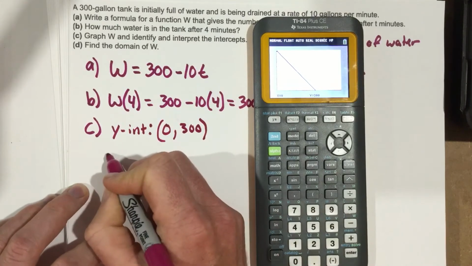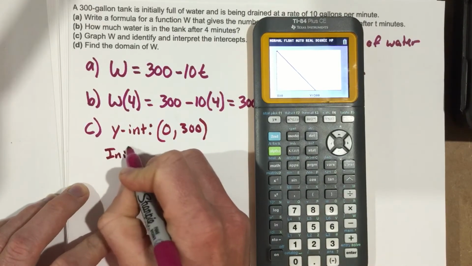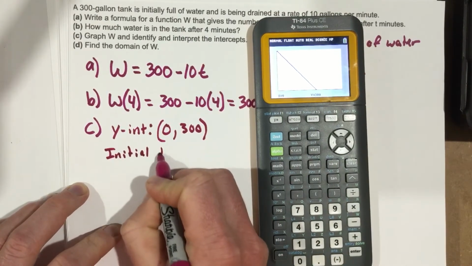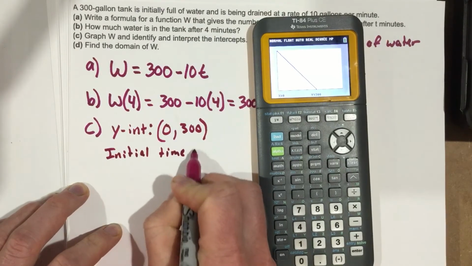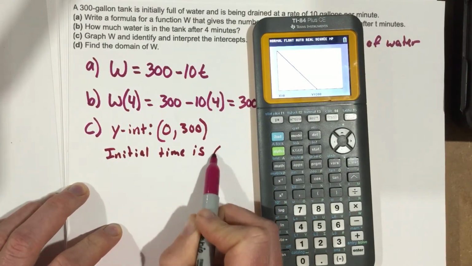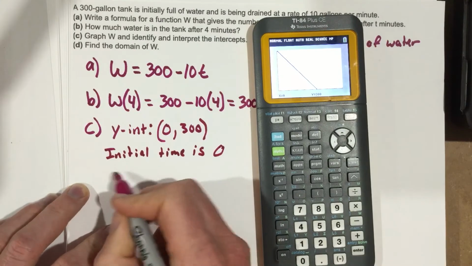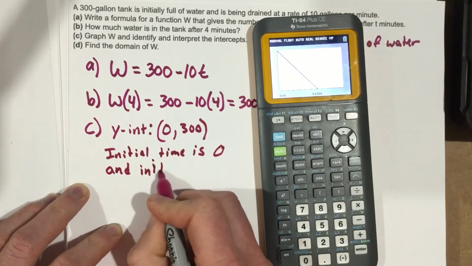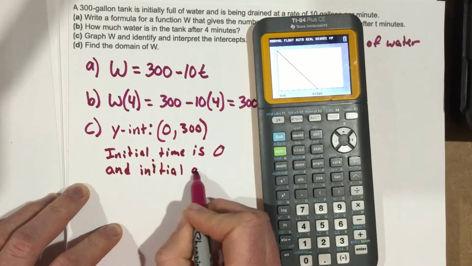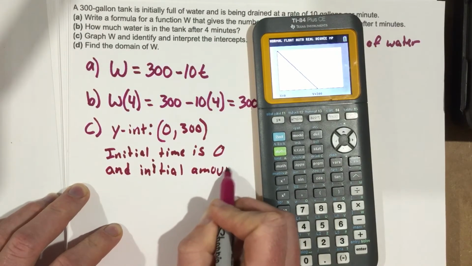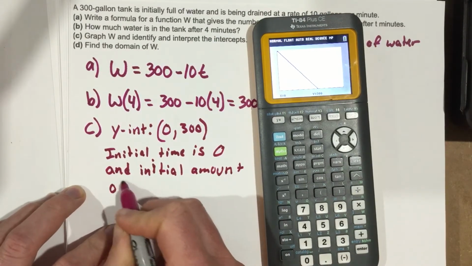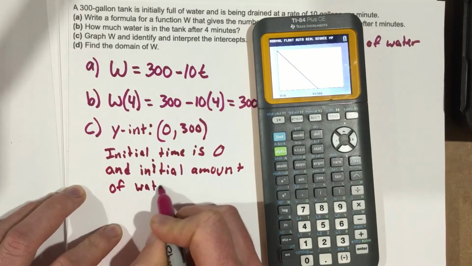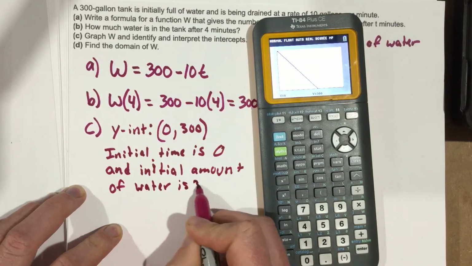Well, this is the initial time is 0 and initial amount of water is 300 gallons.